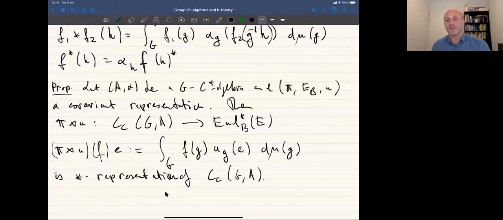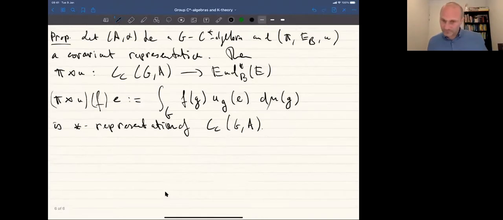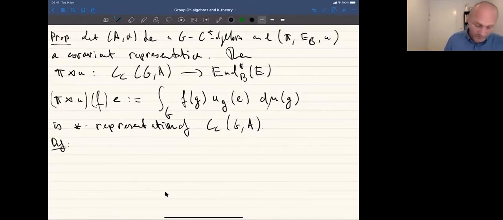You would get some C star algebra that you've constructed from G and A. All right, and now we can use this proposition.